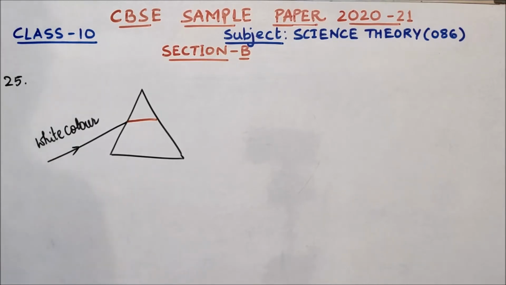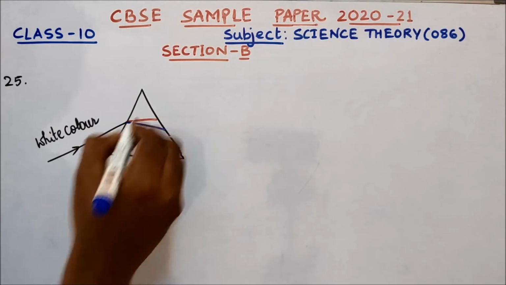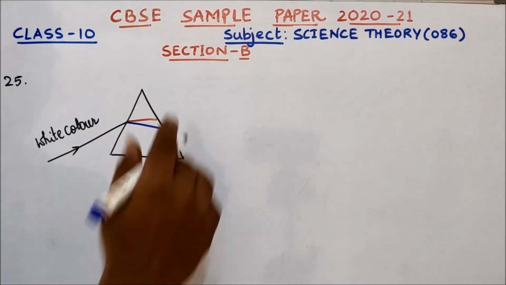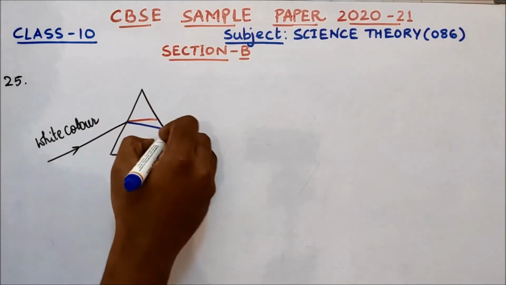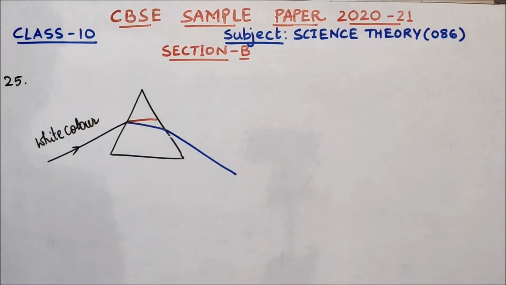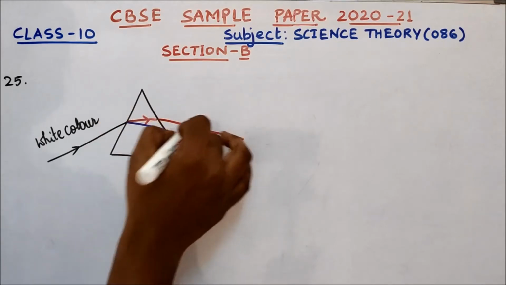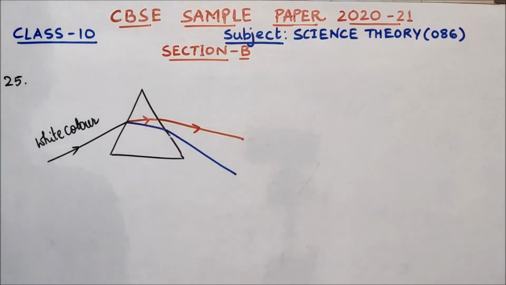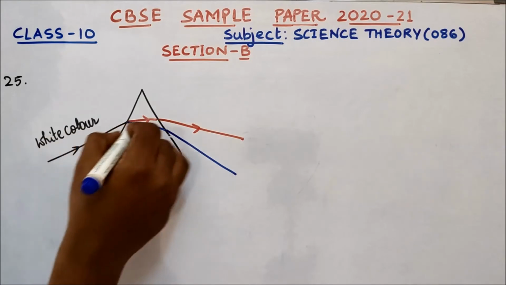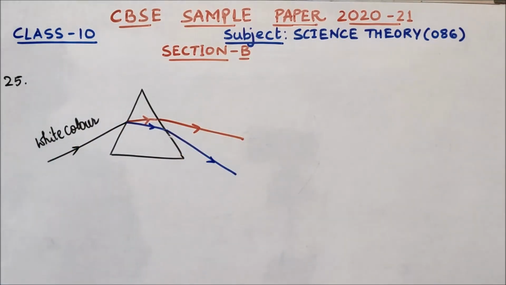Violet, I don't have violet color, so I am drawing the violet color with blue. And again, on this surface, the colors undergo further refraction. So this is the red part, and the below one is the violet part. This is what is given in the diagram.